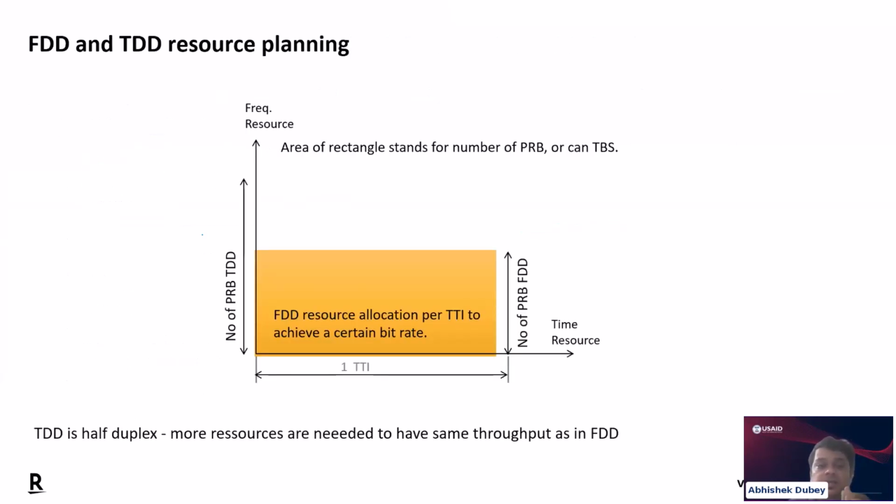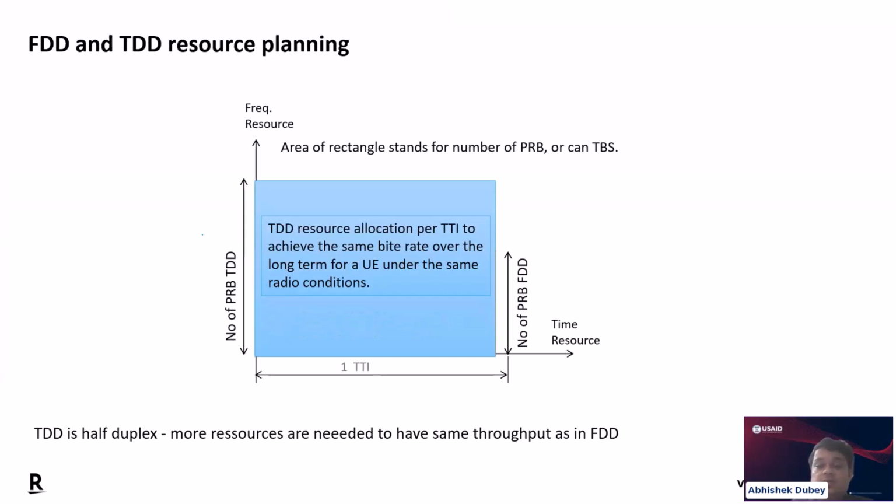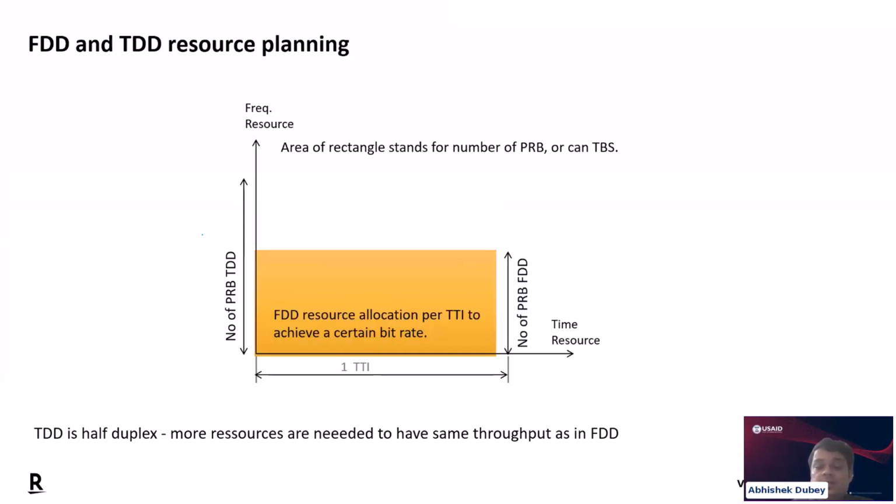The next thing is, let's say you are planning for TDD resources. So what you need to think, because TDD is half duplex, and FDD is full duplex. So if you're planning TDD, you need to plan more resources than FDD, correct? Because if you see the example here, the previous was FDD resources. This is the FDD resource, okay?